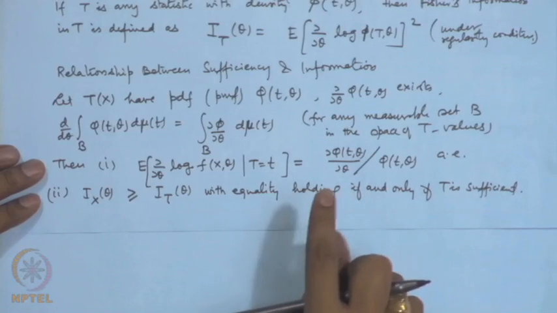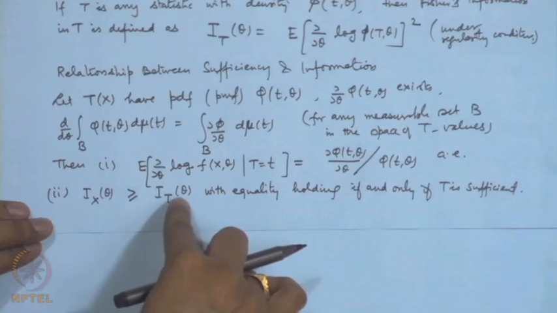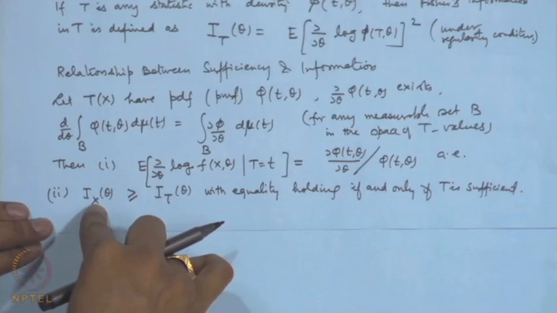So, this is what I was mentioning, the utilization of the information or the content of the information in the concept of sufficiency: a sufficient statistic contains all the information which is available in the sample, because I_T(theta) will become equal to I_X(theta).